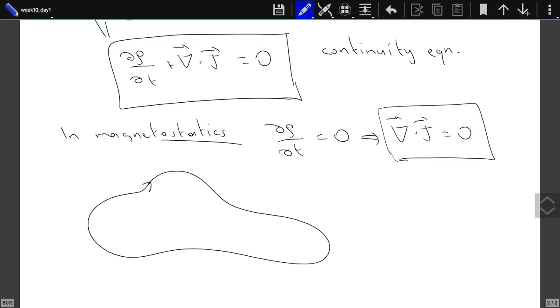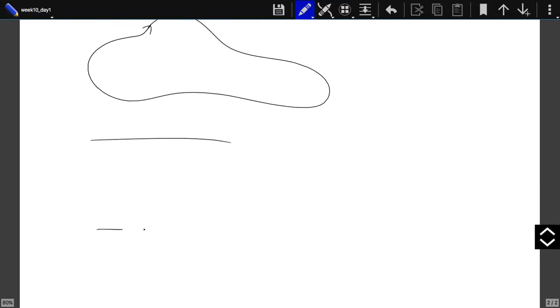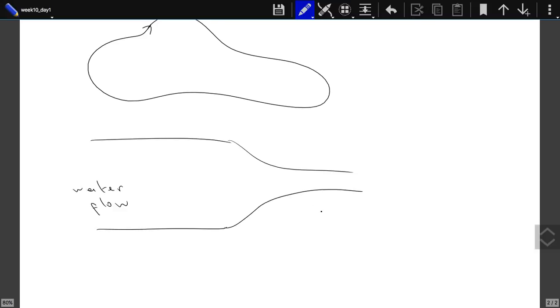Well, you see, as long as there is no accumulation of charges, no. Just think of it like this. You have a water pipe. There's a water flow. And the cross-section of your pipe changes.